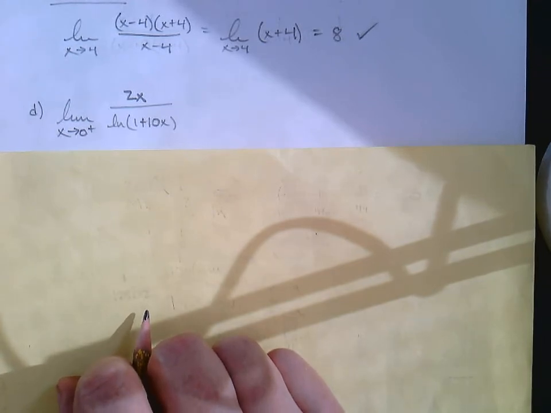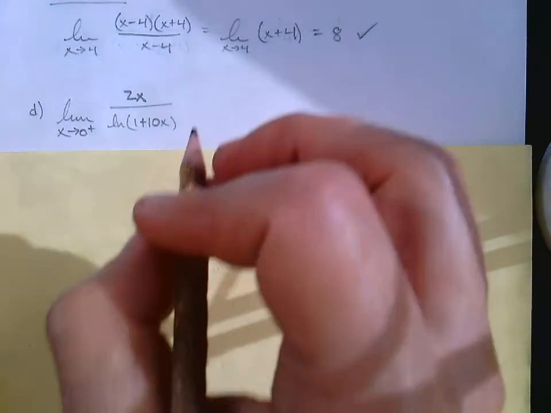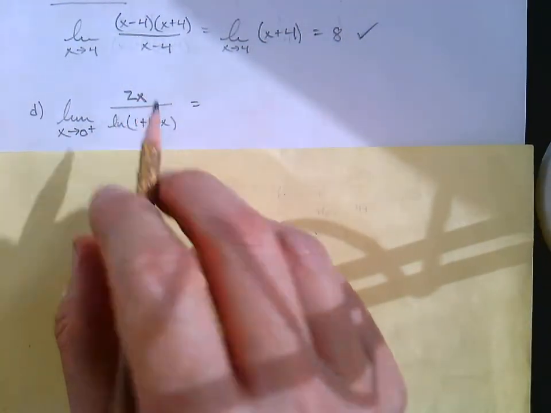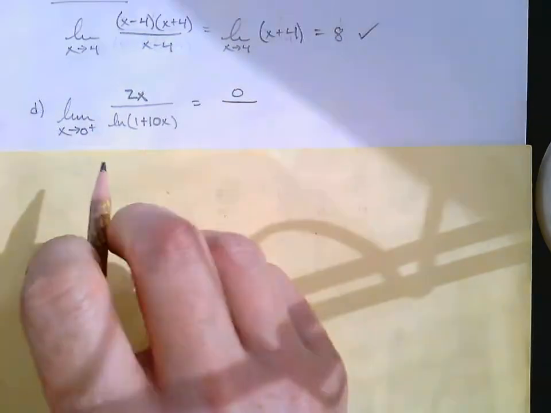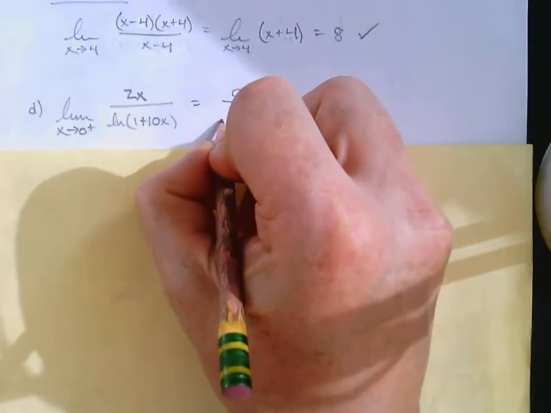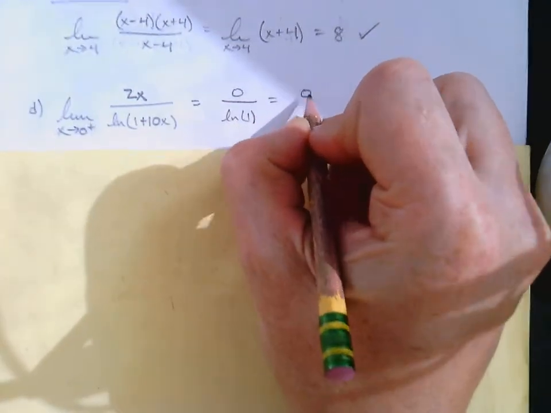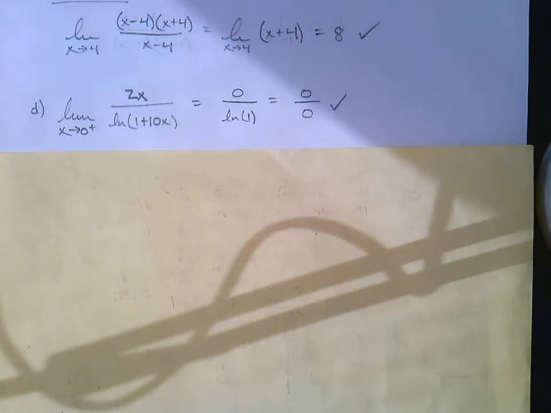Obviously, we did it at the beginning of the lecture, but let's do it again. If we tried to plug in 0, we'd get 0 on the top. On the bottom, we'd have the natural log of 1. But remember, that is 0 as well, and so yes, 0 over 0. Good to go.